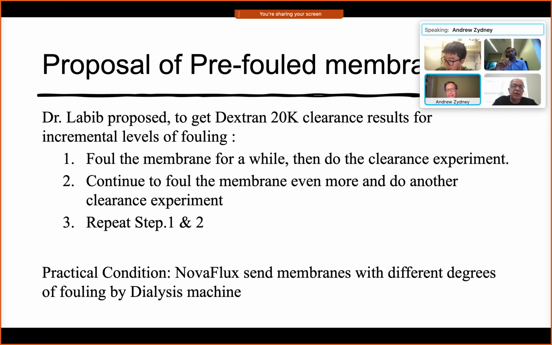These are large modules, right? Right, in large modules, but it doesn't mean that you couldn't get some of those fibers and try to study them. But they're not dialysis membranes, and they often are much thicker than a dialysis membrane would be, and they may have very different inner diameters, and so I don't know.